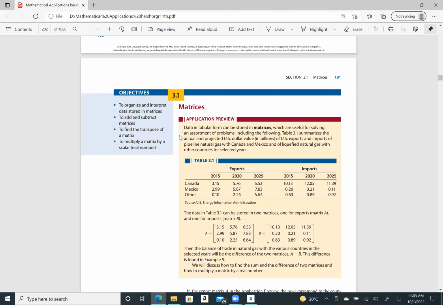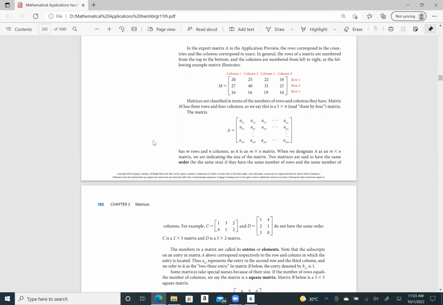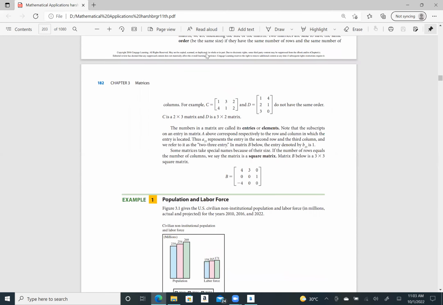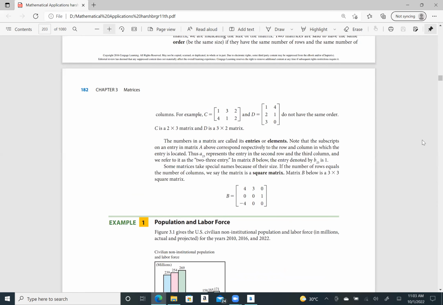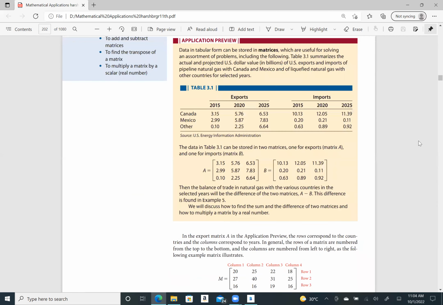Right, this is a matrix. Now, what is a matrix? It's in the book, so we just go by the book.